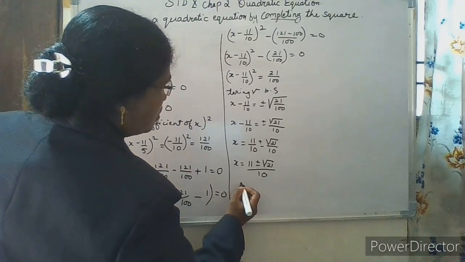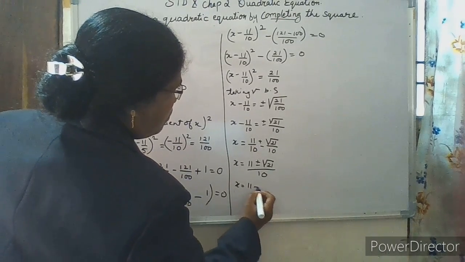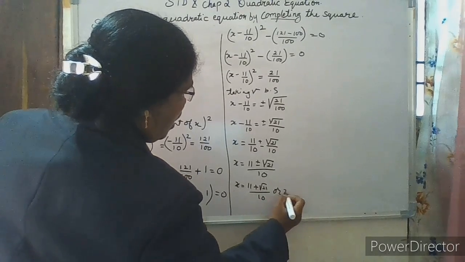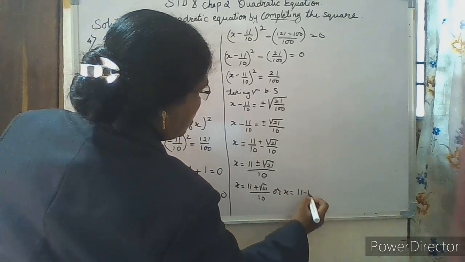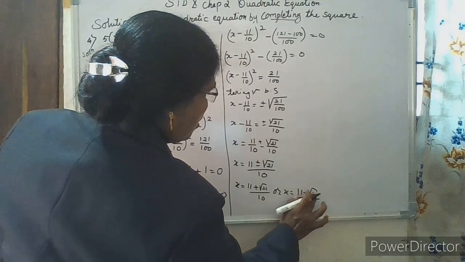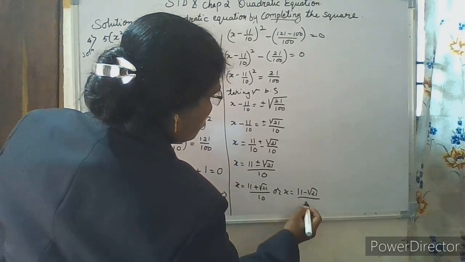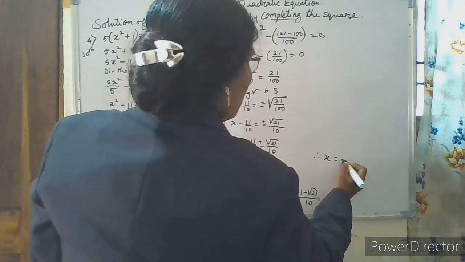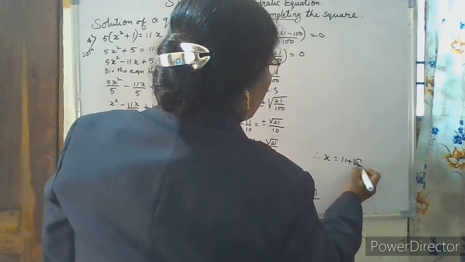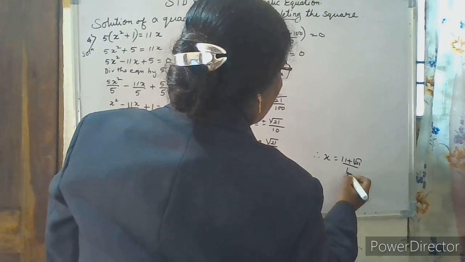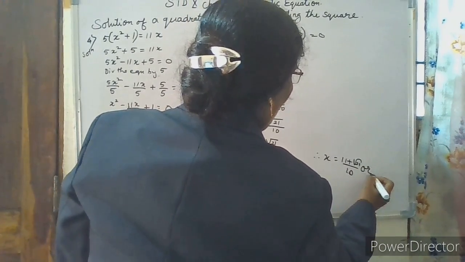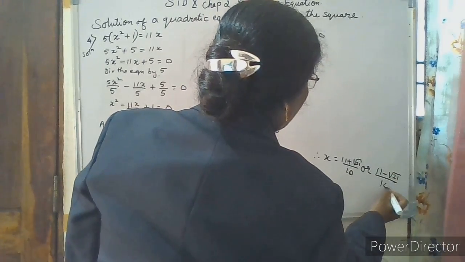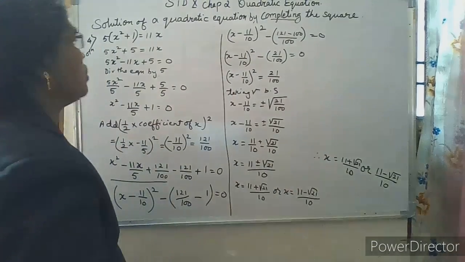So x is equal to 11 plus root of 21 by 10, or x is equal to 11 minus root of 21 by 10. Therefore x is equal to 11 plus root of 21 by 10 or 11 minus root of 21 by 10. This is the solution for this question.